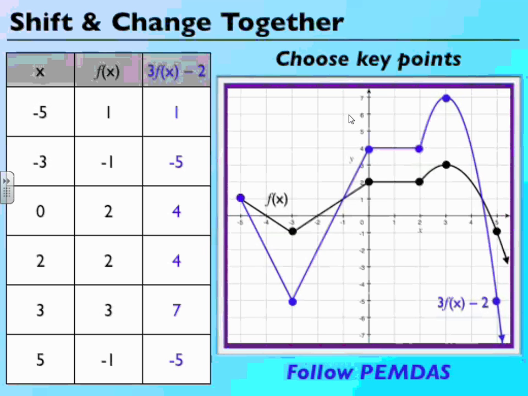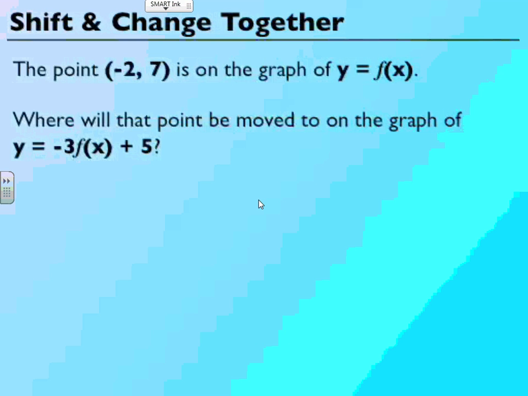All right, let's go on. What if we have this point, -2, 7, on our original graph? Where will this point be moved to on this graph? So f of x right there stands for our old y value, whatever y value we started with.